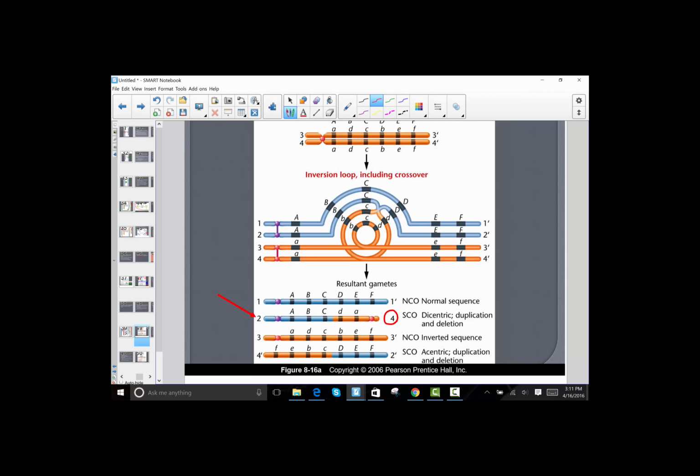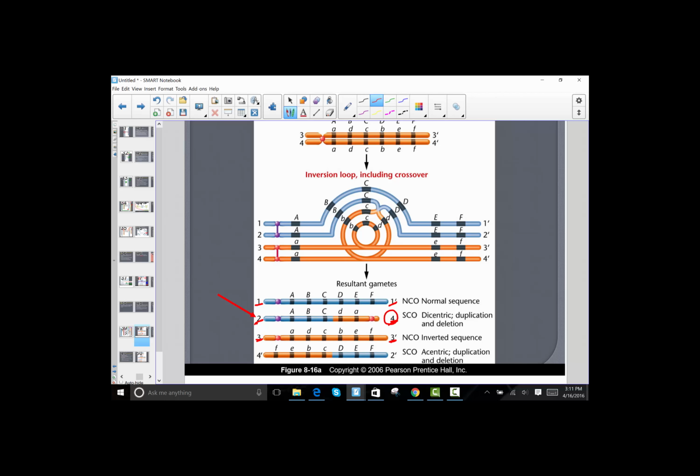So I've already completed chromosomes that start with 1, 2, and 3 and end with 1 prime, 4 prime, or 4 and 3 prime. So that means that the end that I haven't actually worked with yet is 4 prime. Okay? So this time I'm starting with F, E. Okay, we're going to finish this one.